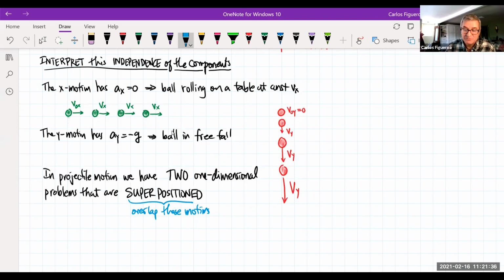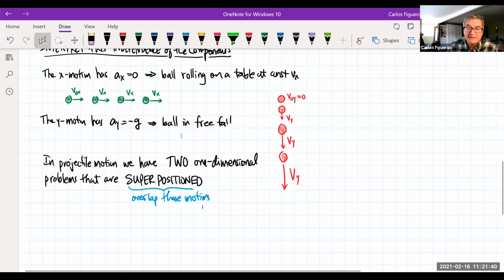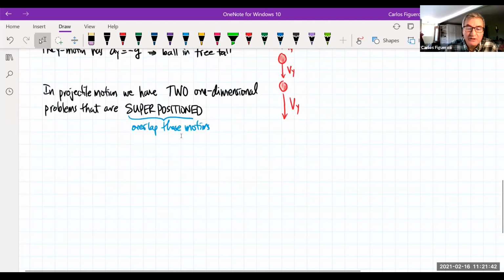They add, as we would say. And so picture-wise, we can get this curved or parabolic trajectory using superposition.